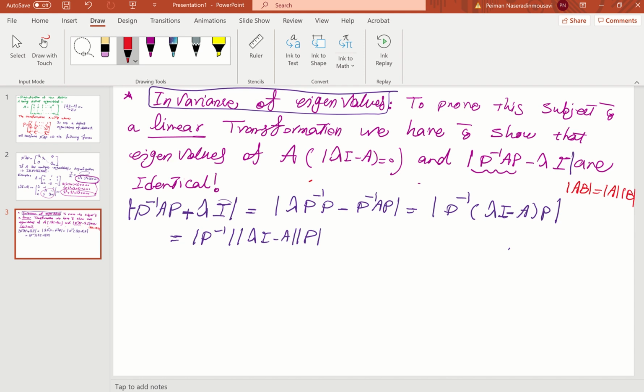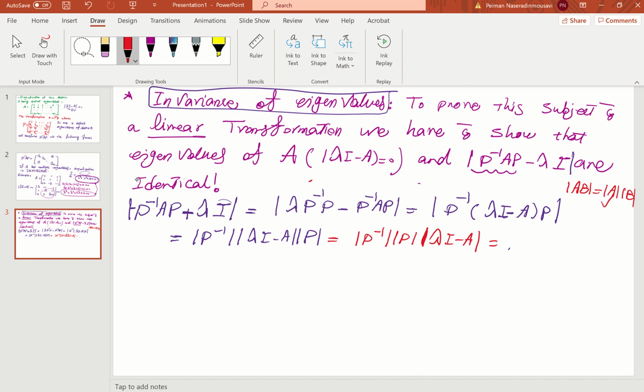Understand? Now we can move these here because these are numbers at the end of the day. So it is the determinant of lambda I minus A.